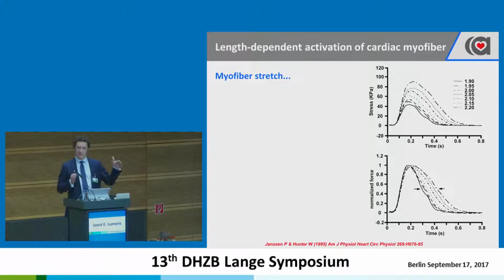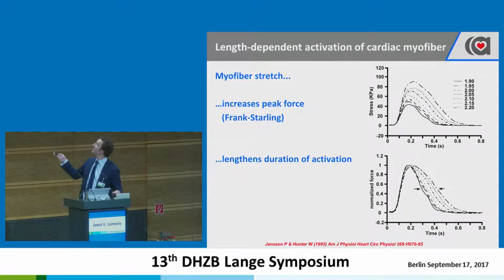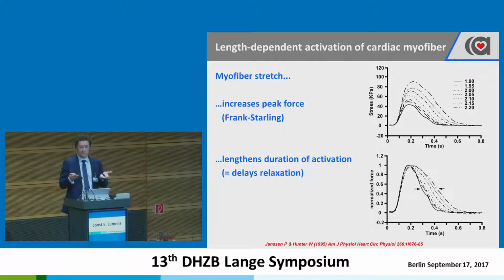And especially this last property causes the problems here, because the RV is being stretched a lot more than the LV and the septum, and that's why its relaxation is significantly delayed relative to the relaxation of the septum and the LV free wall. And that's where actually the leftward septal motion at the end of systole comes from. So it's really a marker of imbalance between loading of the RV and the LV.